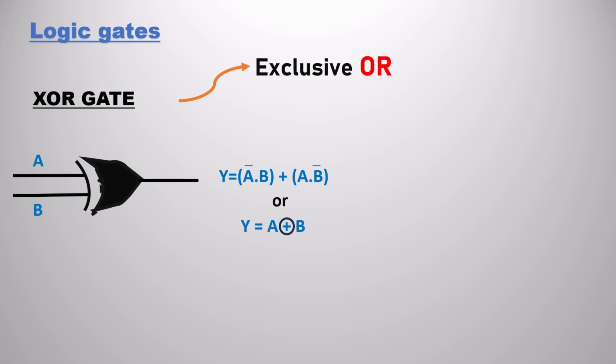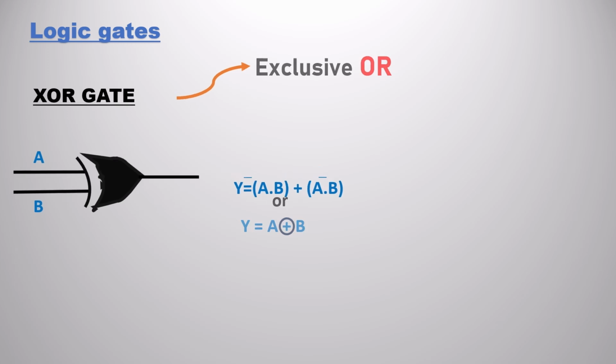XOR gate is also called the exclusive OR gate. The output equation is given as y is equal to a bar b plus a b bar, or simply we can write y is equal to a XOR b. The symbol is represented like that: it is basically an OR gate like structure, and a curve has to touch the two input lines and the output line.